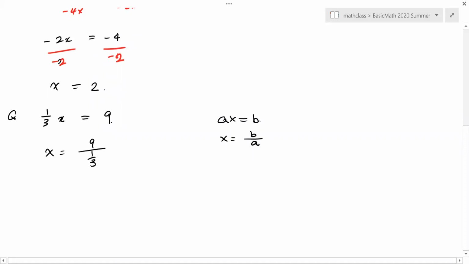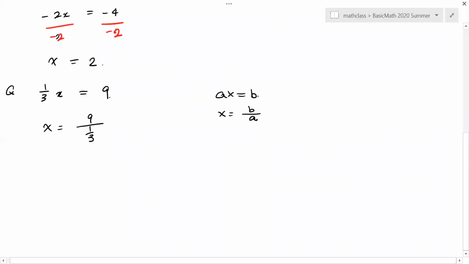Now, how do you simplify it? 1/3 is a number, so it's 9 divided by 1/3. You divide both sides by 1/3, so the right-hand side becomes 9 over 1/3. To simplify it, we do 9 times 3 over 1, which is going to be 27.